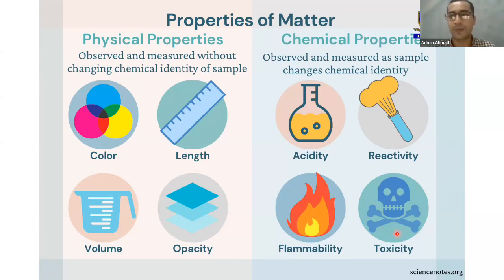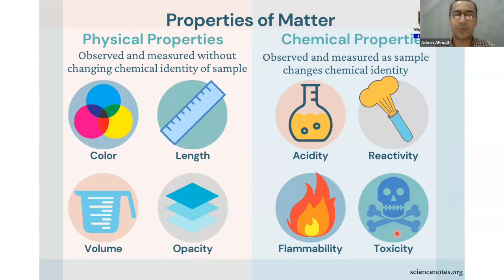Or for example, a highly flammable gas, like petrol. If you have gasoline somewhere in a bottle, you have to take care of it, because it can catch fire. So this is also toxicity or flammability.